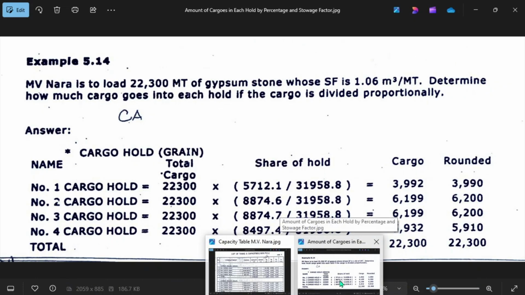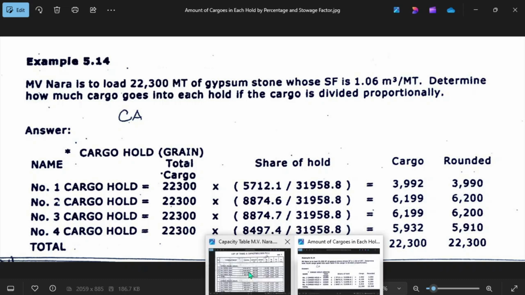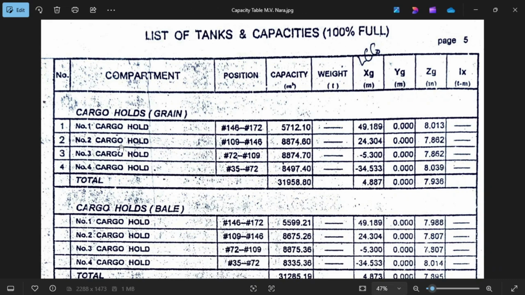And number 2 is 8874.6. Number 2 is 8874.6. Okay. So number 3 is 8874.7.